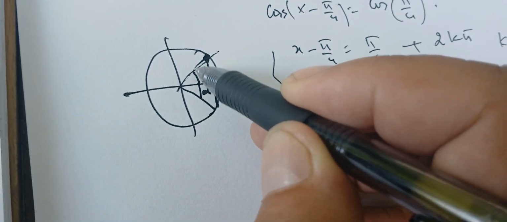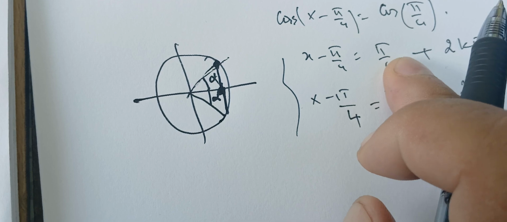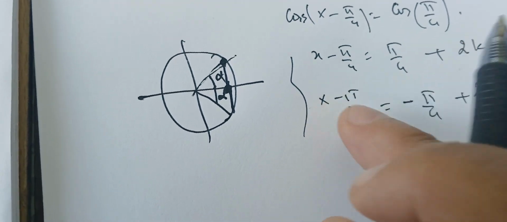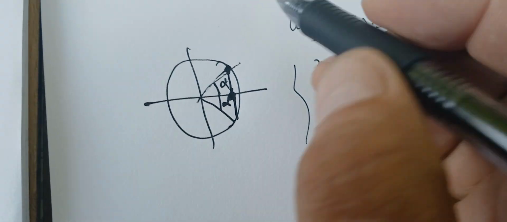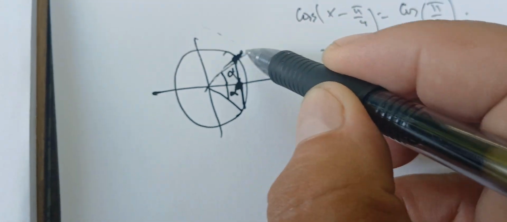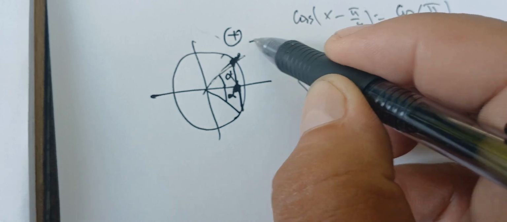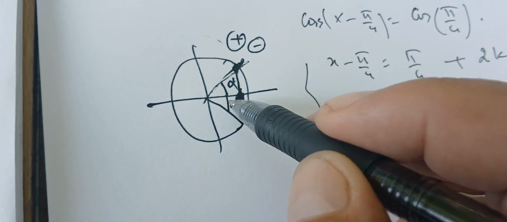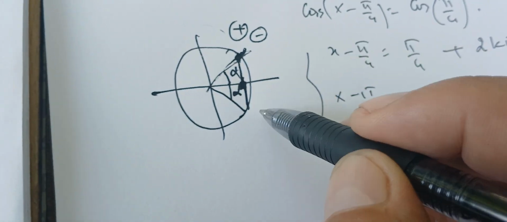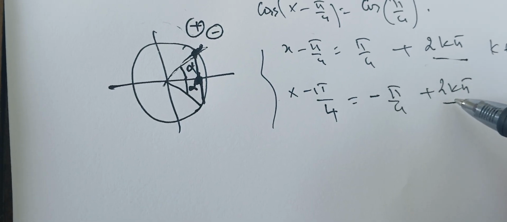So alpha is pi over 4, and alpha is also minus pi over 4. But the problem is it repeats. This solution repeats after I make a turn clockwise or counterclockwise around the circle. I can do as many as I want. That's why we add these 2k pi.